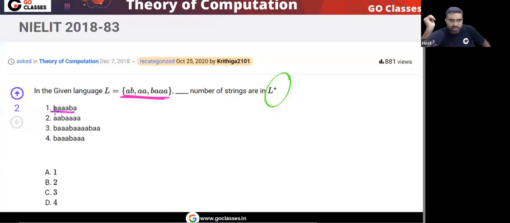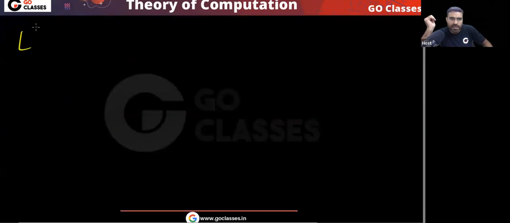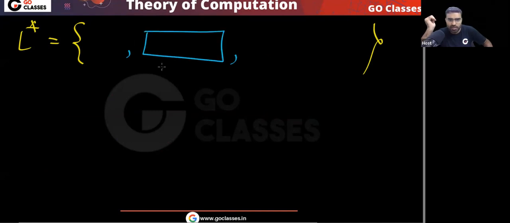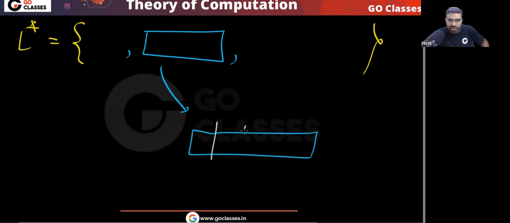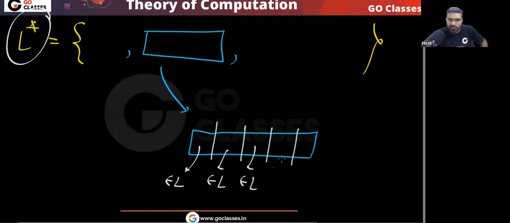Now tell me, can you break down this string so that every part belongs to this L? Remember one more thing: in this L star, if you take any string, that string can be broken so that every part belongs to L. So this is the idea.